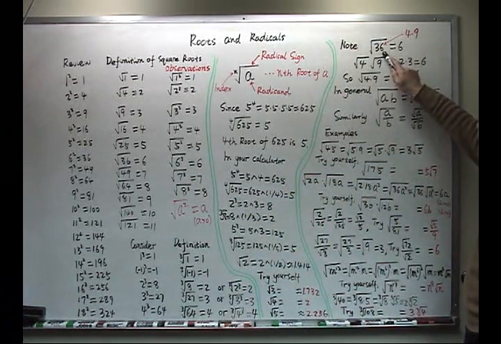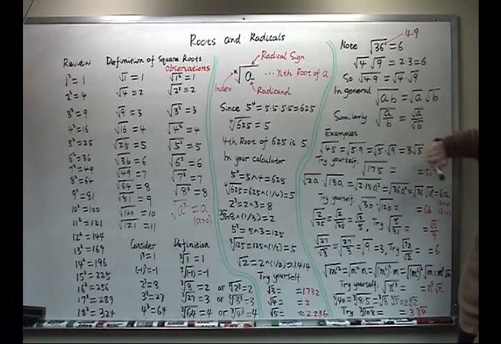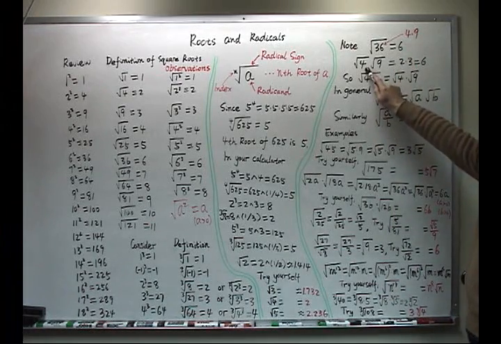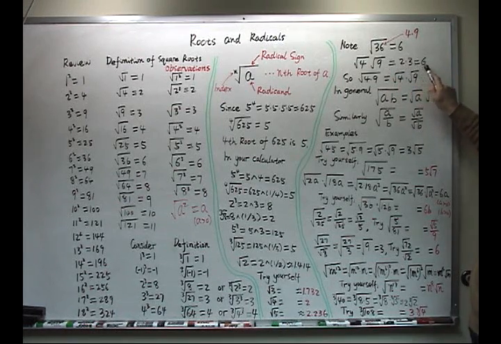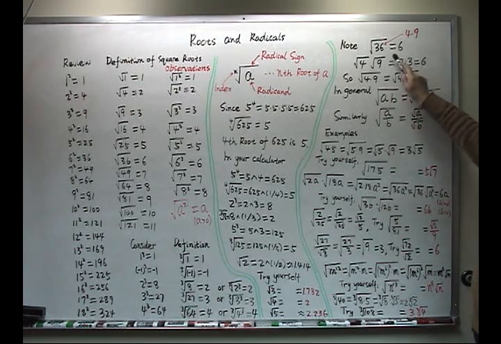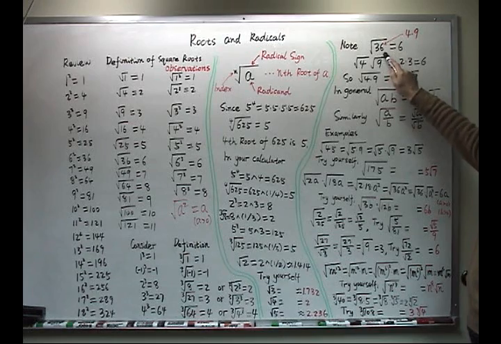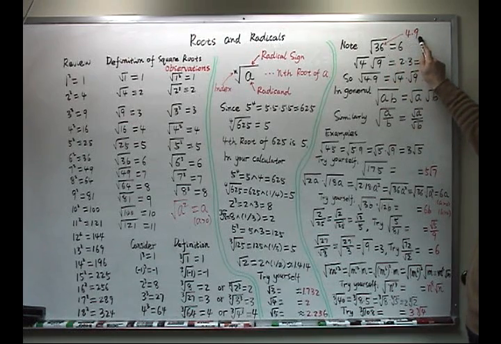Now we know radical 36 is 6. We also know radical 4 is 2. Radical 9 is 3. So together you have a 6, 2 times 3. But we also know 36 equals 4 times 9.